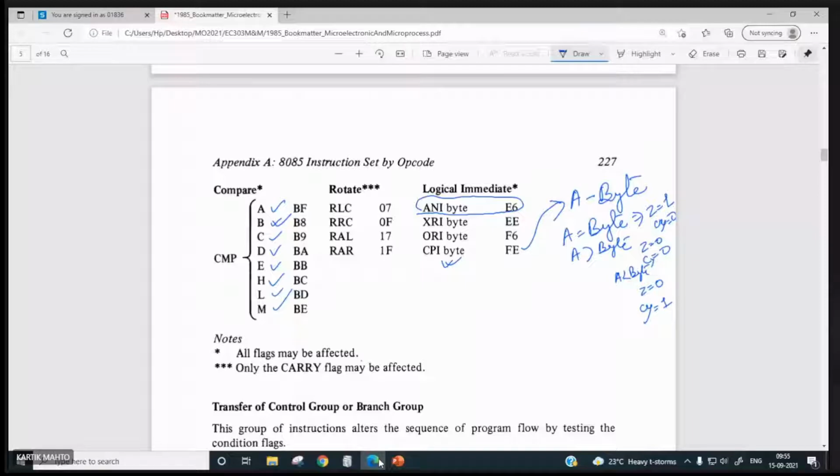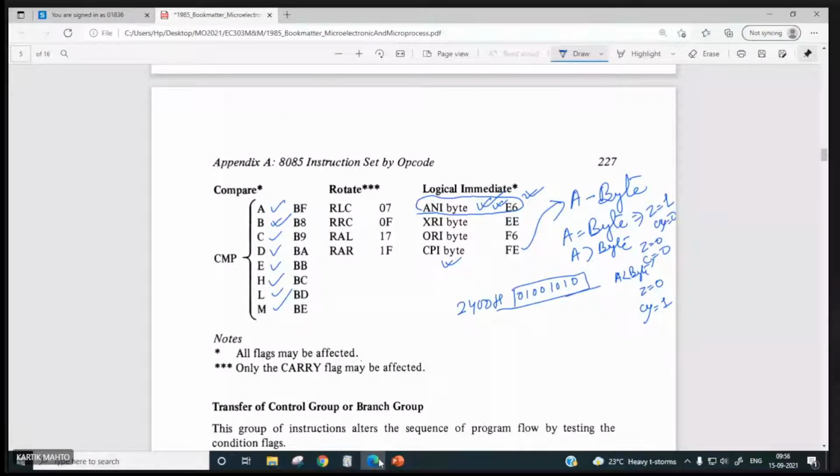Okay, so this ANI byte is very, very important instruction. It's up to you for what purpose you are using, right? But mainly we use this one for checking whether any bit is 1 or not. Suppose in memory location 2400H, we have some byte, say 01001010, like this.